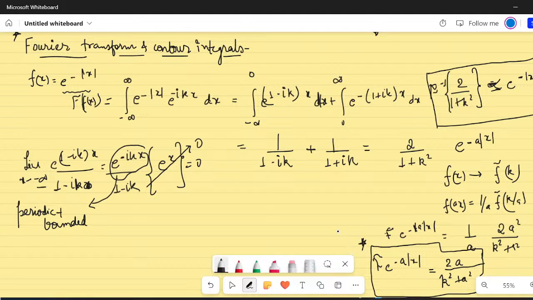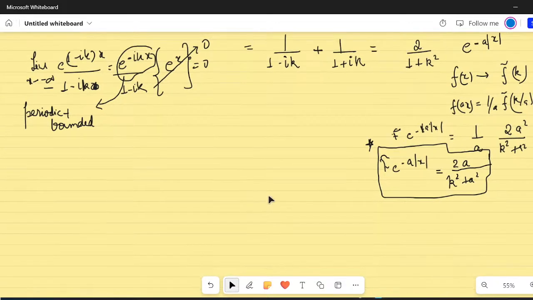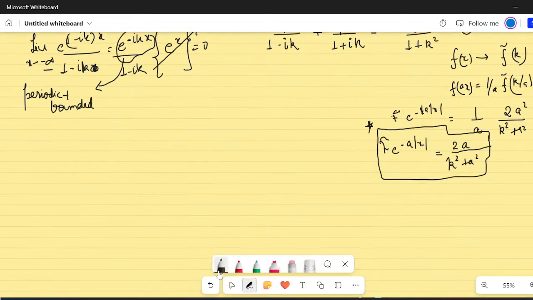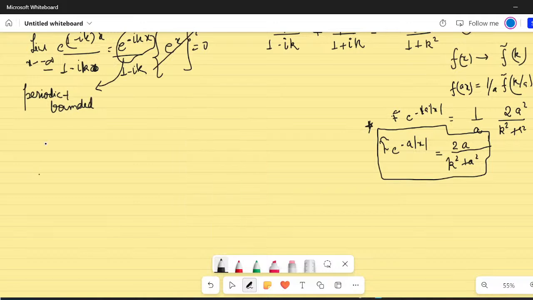Okay, so this is one thing. Now this is what I stated in my previous lecture also. Probably a few people might not have got it, so I'm revising it for you. For example, if I say just try to find me the Fourier transform of 1 upon, let's say, x square plus 1.